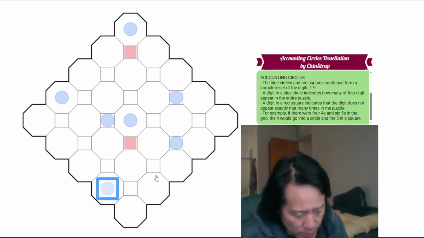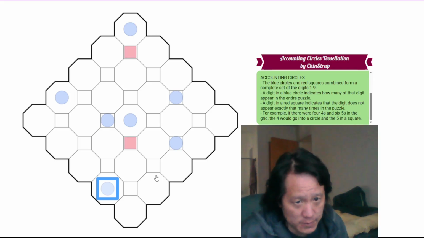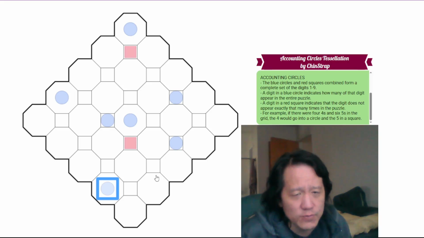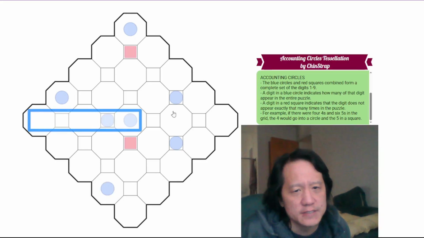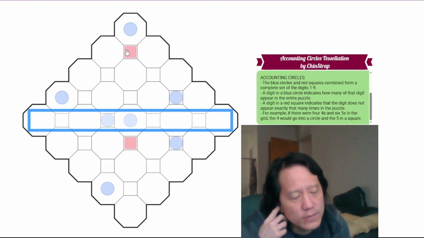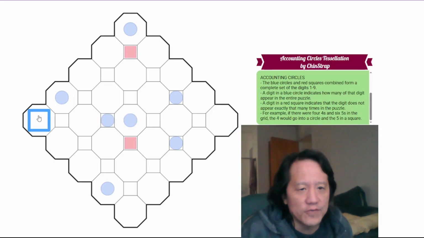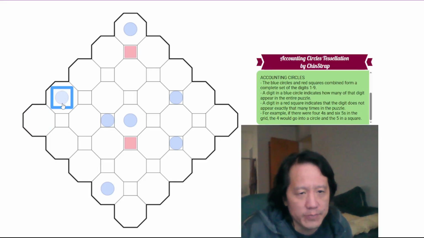One thing you probably cannot have is 9 nines in this puzzle, I'm pretty sure. Because if you try to have 9 nines here, if you have a 9 here, it cannot be here, right?